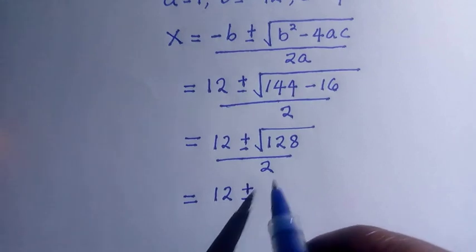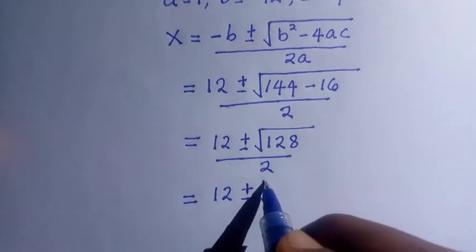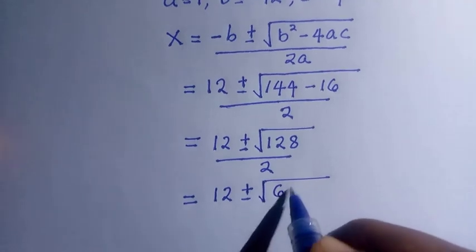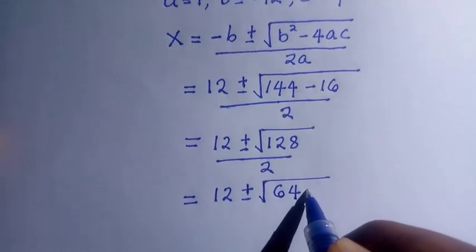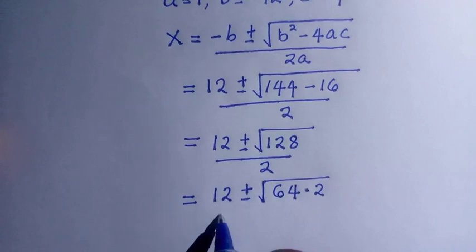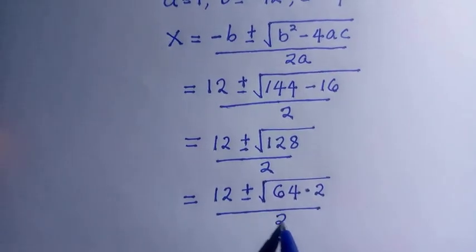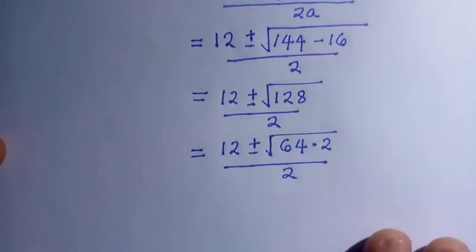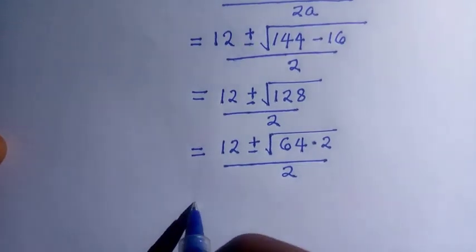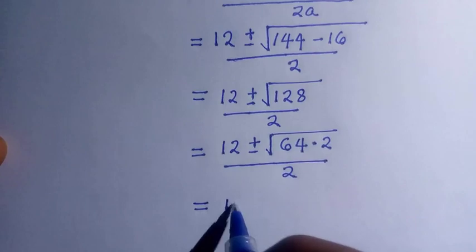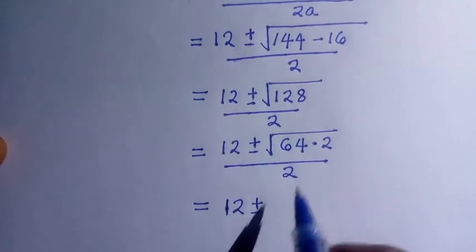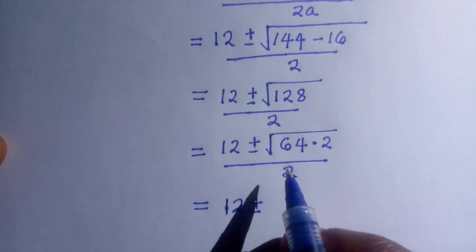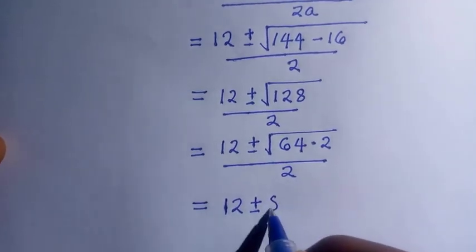So here, the square root of 128 we can split as the square root of 64 multiplied by 2, then everything divided by 2. By rule of surds, we have 12 plus or minus; we separate it and take the square root of 64, that gives us 8.